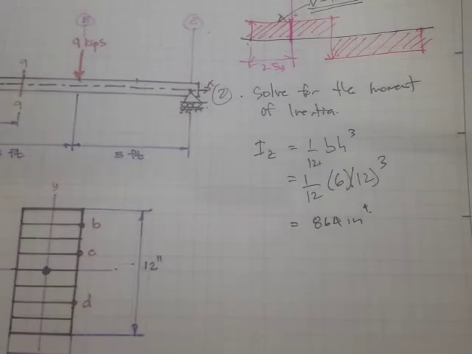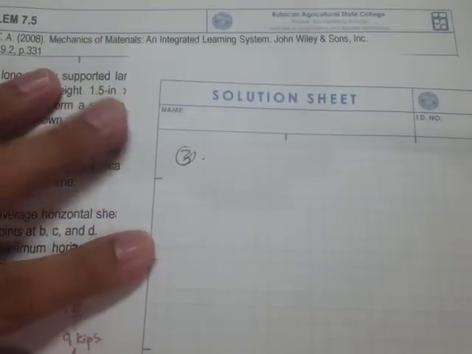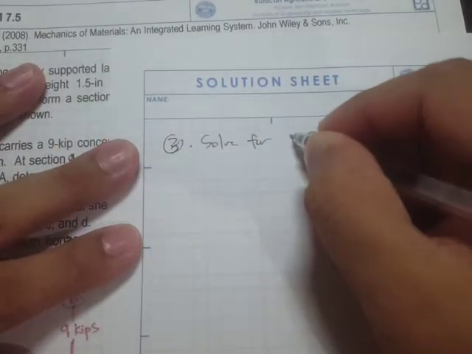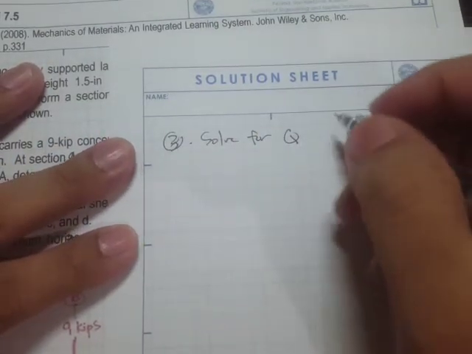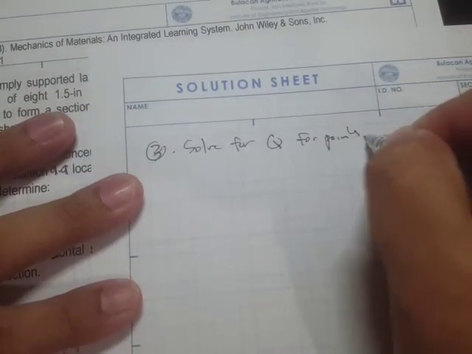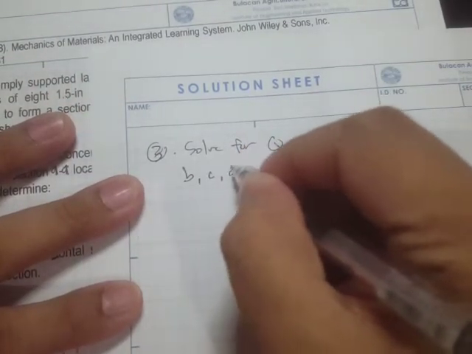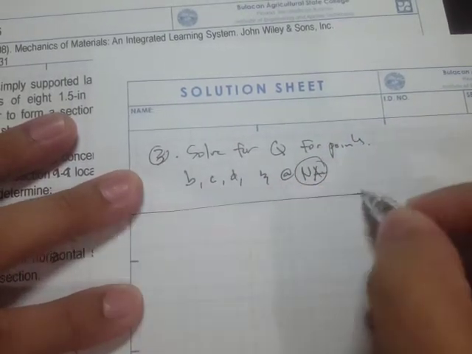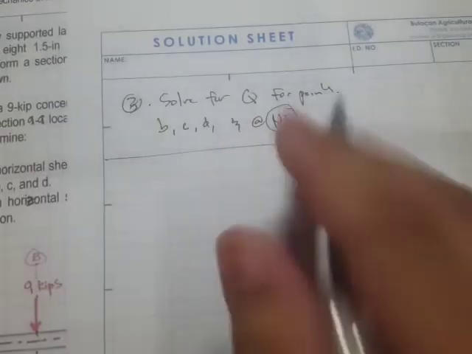So now, okay, let's use another sheet. I think this is number 3, to solve for Q. So solving for Q for points B, C, D, and at the neutral axis, because this is where the maximum shear stress occurs.